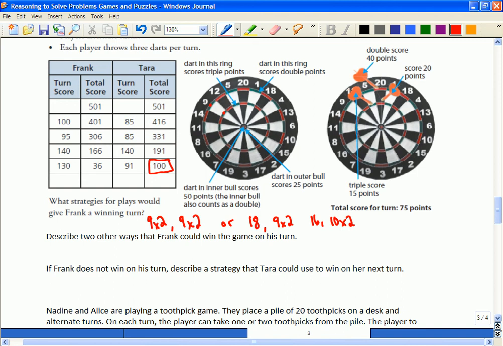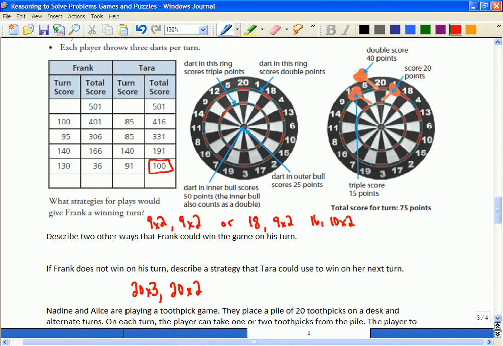Triple 20, okay. And then, well, if she got a triple 20, then what does she have to get on her next turn? That's 60 points. She needs to get it down to 100. Yeah, so she'd need a double 20. Last turn is going to be a double.